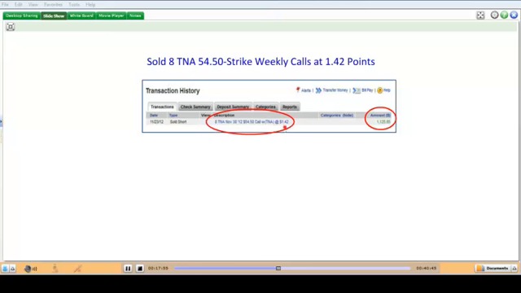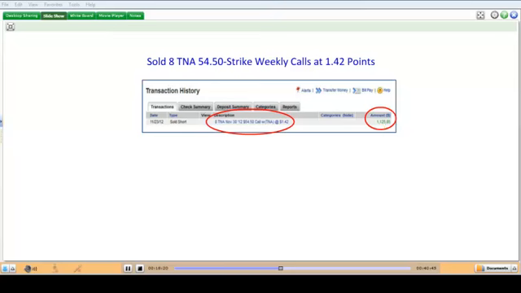So this shows how much cash was credited to my brokerage account last Friday for this trade, and it's $1,125. That's after about a $10 or $11 commission in there. So that's after commissions. This cash was credited to my brokerage account.